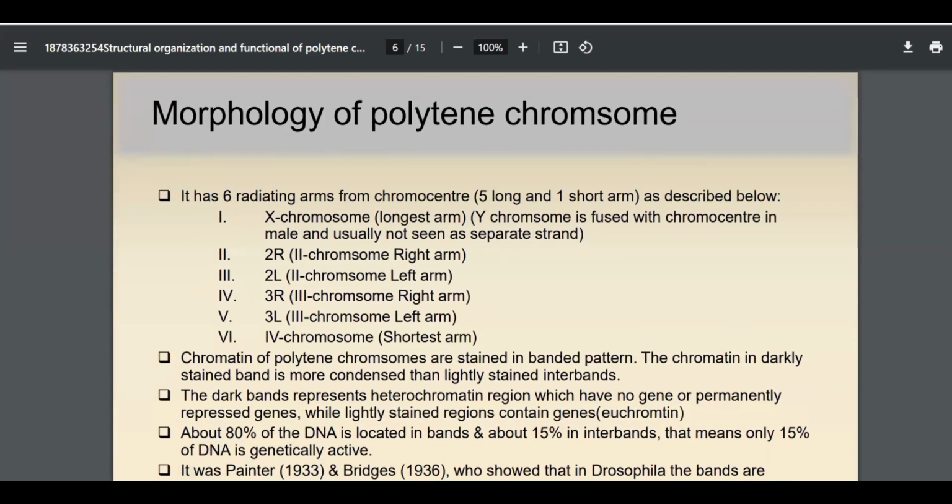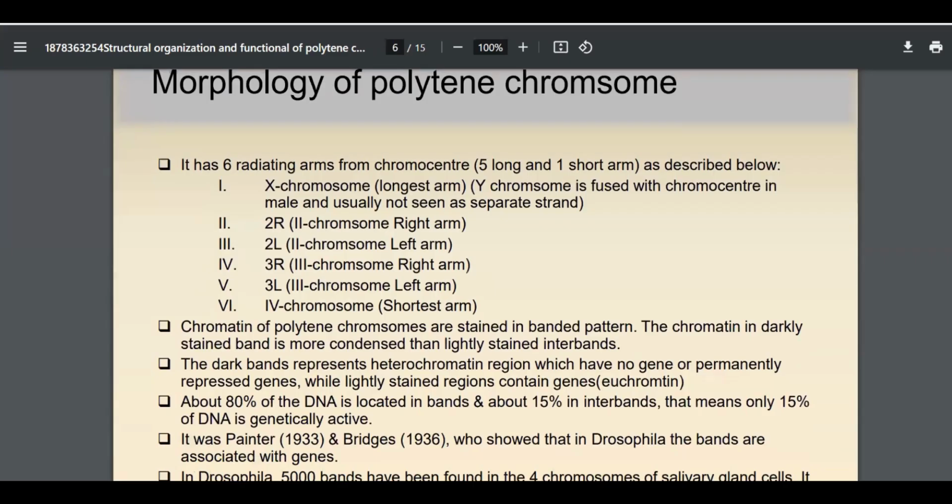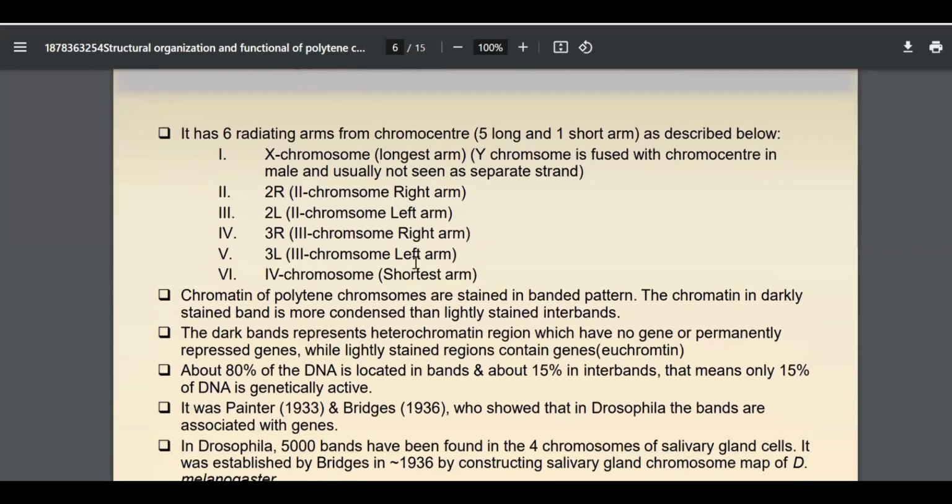Now let's see the details of these chromosomes. So when it comes to morphology, we have seen the X chromosome with the longest arm, the Y chromosome is fused with the chromocenter and is usually not seen as a separate strand. Then 2R, 2L, 3R, 3L, and chromosome 4.